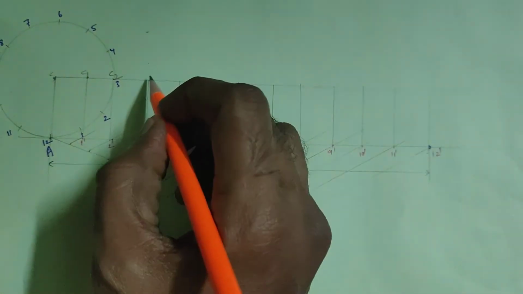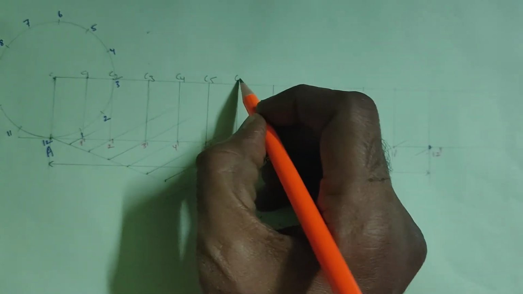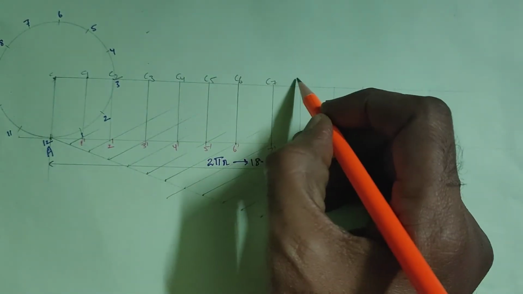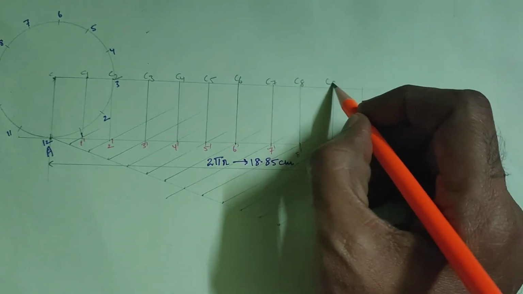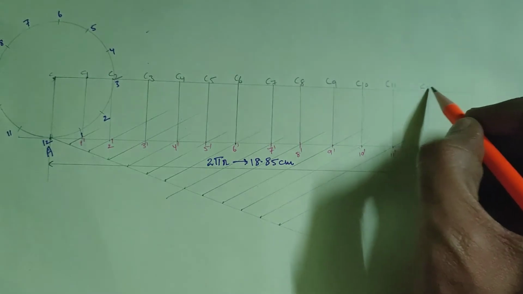So let us name this 3, 4, 5, 6, 7, 8, 9, 10, 11, and 12.